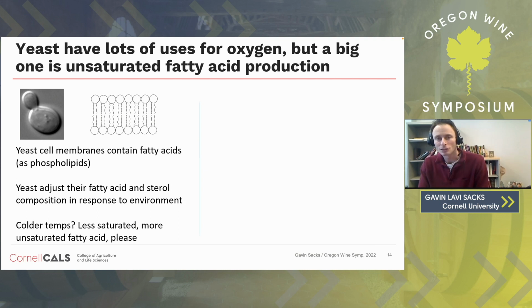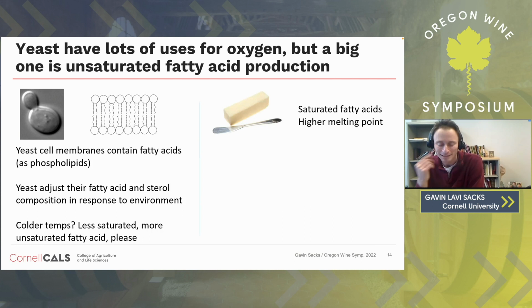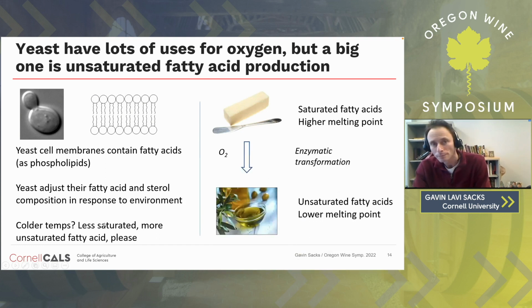When they experience colder temperatures, they prefer to increase the concentration of unsaturated fatty acids. That should remind you of nutritional science, right? Unsaturated, saturated fatty acids. You know about saturated fatty acids. Something like butter has higher concentrations of saturated fatty acids. Saturated fatty acids have higher melting points. They're more likely to be solids at room temperature, as opposed to something like olive oil, which is going to be a liquid at room temperature.